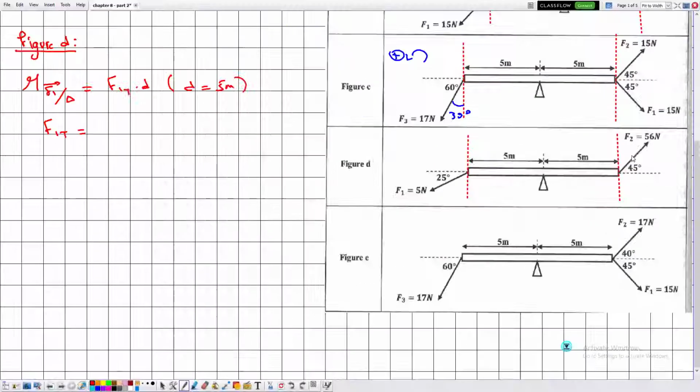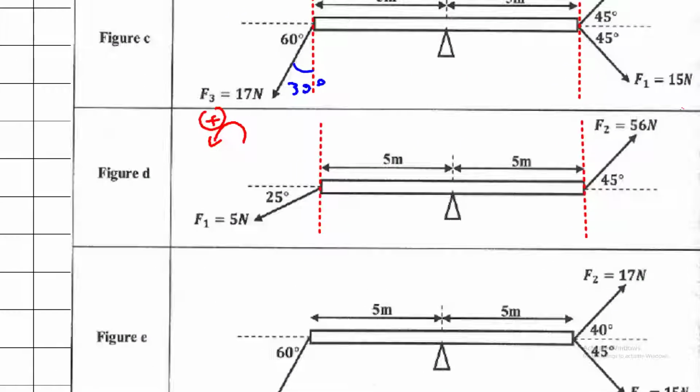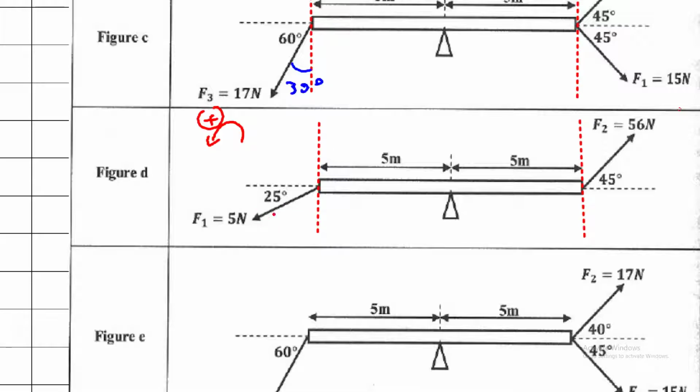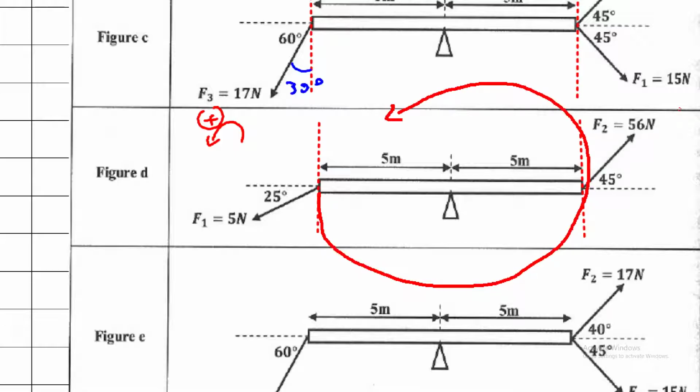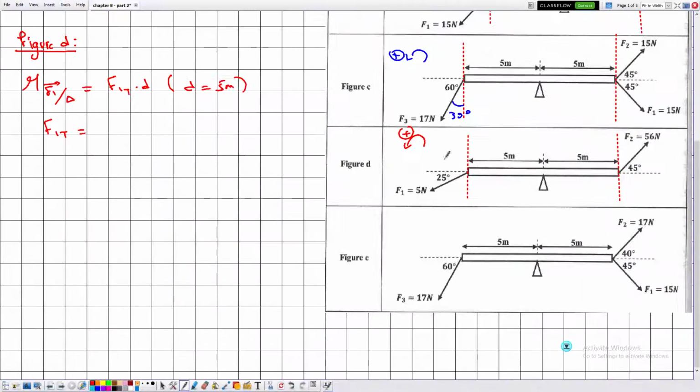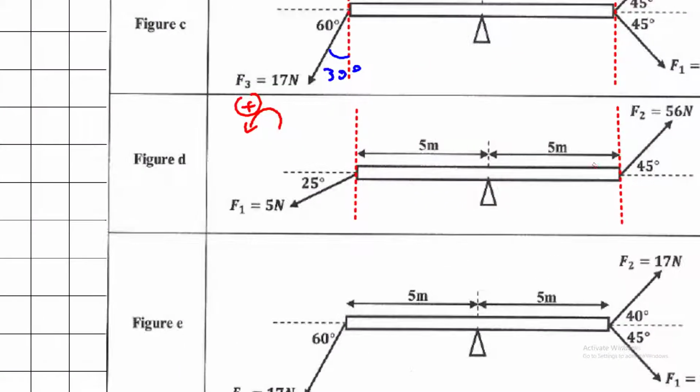Now let me specify the positive direction. This is the positive direction, which is anti-clockwise. Notice that F1 will try to rotate around the axis of rotation like this, which is in the positive direction. So it's a plus multiplied by its magnitude F1, multiplied by the cosine of the angle between F1 and the tangential component.